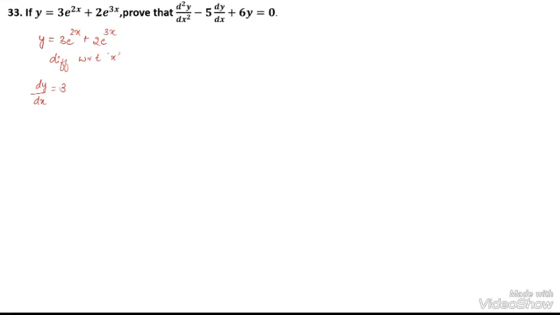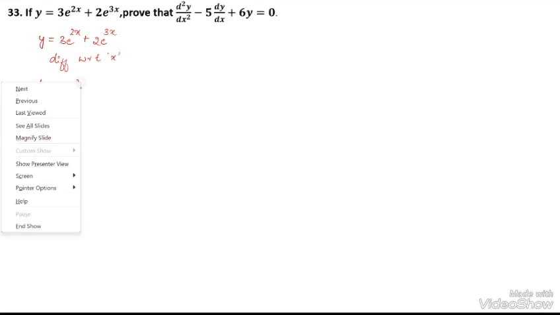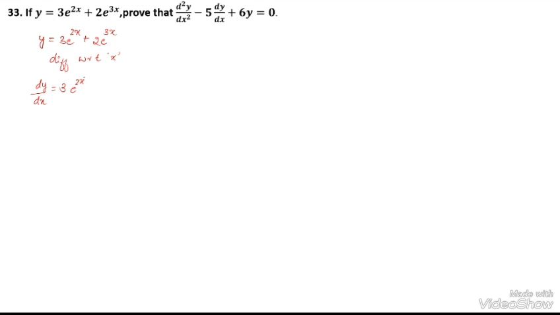In place of x, we have e to the power 2x, so I am taking e to the power 2x, and in place of x we have 2x, therefore I take again differentiation of 2x. Plus 2 will be constant, taking e to the power 3x here. Differentiation of e to the power 3x will be e to the power 3x. In place of x, we have 3x, therefore I take again differentiation of 3x.